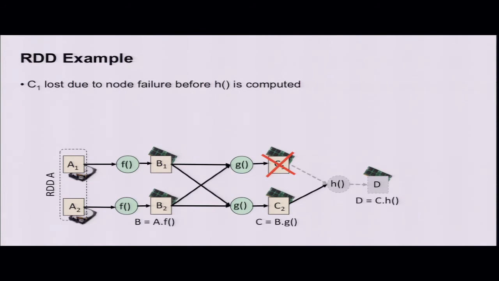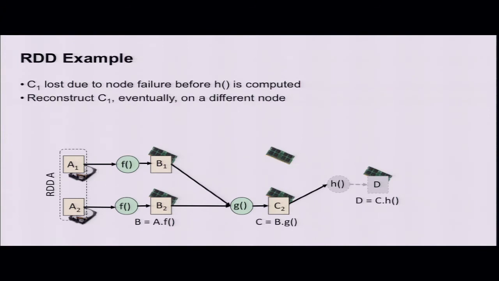So it is just going to use that information to rerun those operations and recreate C1. Maybe it will find another node and execute G on B1 and B2, recreate C1, then feed it to H, and now you have D. Okay?